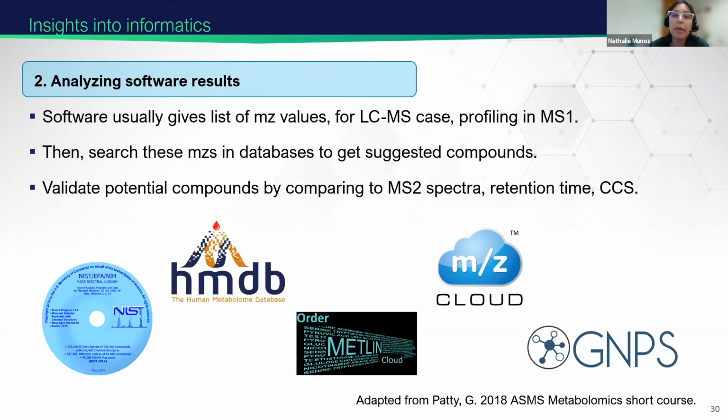And we have to validate the potential compounds comparing to MS2 data and other parameters like retention time, CCS, if we're using specific analytical techniques. So yes, some of the software available for this step is shown here. Each has its pros and cons, and you can find even articles describing what are the pros and cons of each, and we'll discuss some of them in other sessions today.